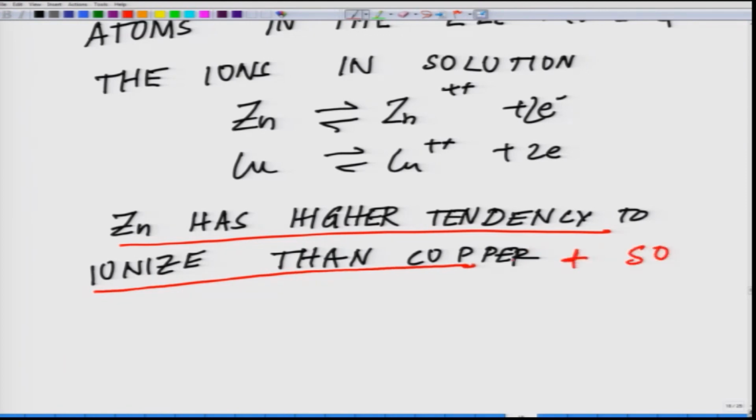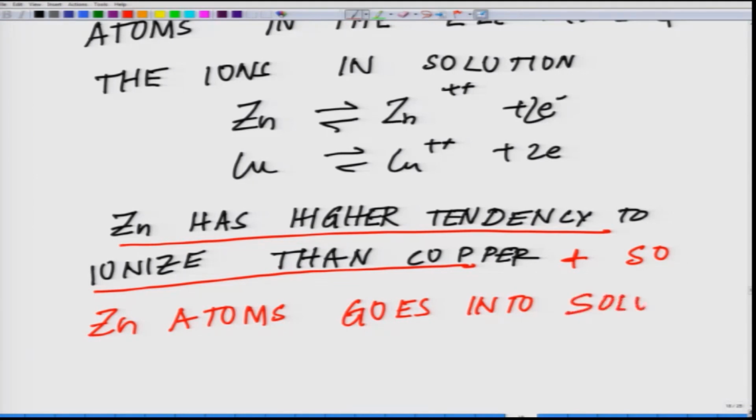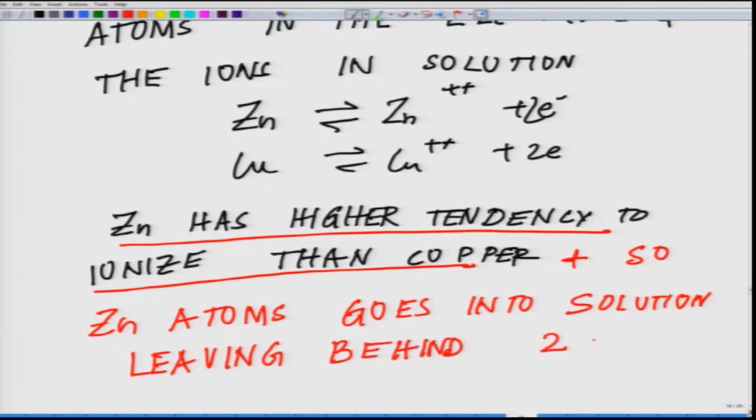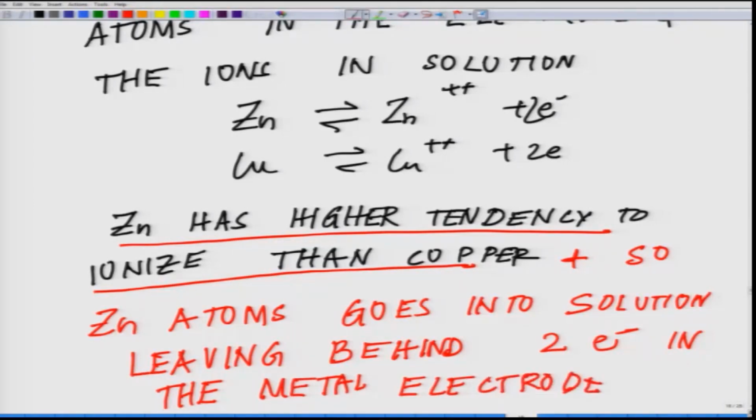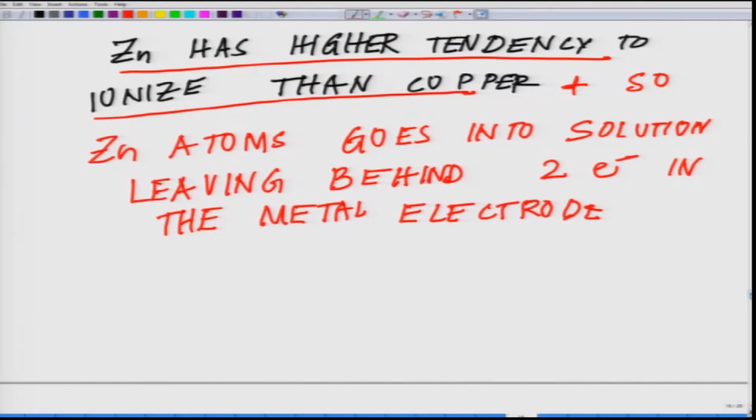Now see the reactions. A zinc atom goes into solution, leaving behind two electrons in the metal electrode.